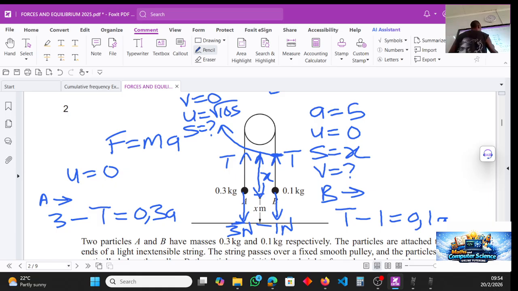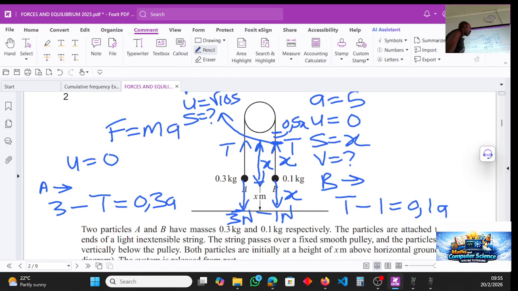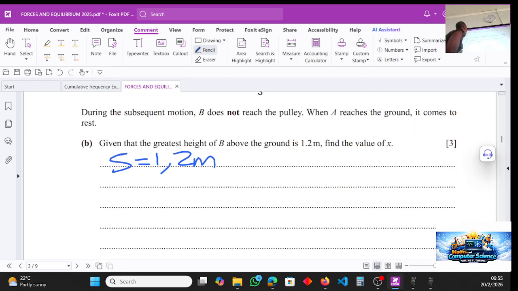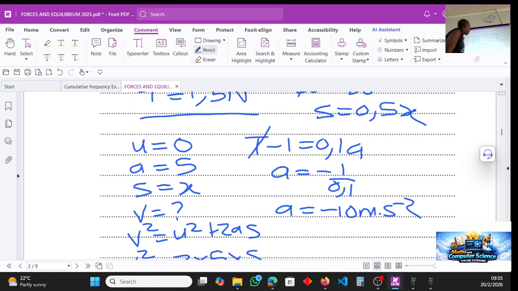So going back to our diagram, we can now clearly see that this object B moves x before A reaches the ground, then it will also move another x, and when A reaches the ground, it will move slightly further by 0.5x. So if we sum up those three, that should be equal to 1.2, which we're given there.